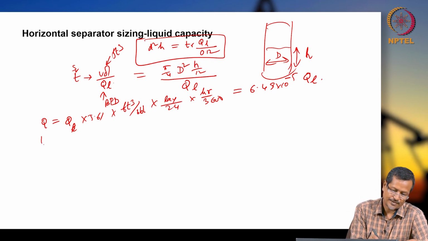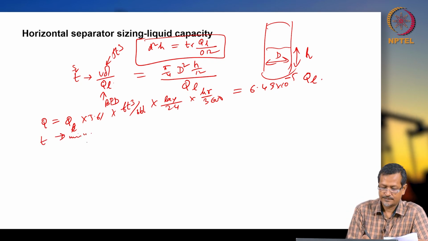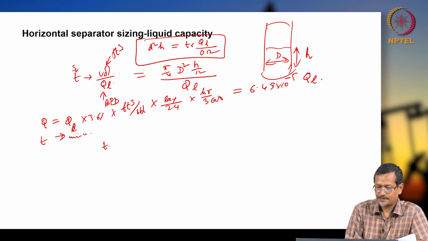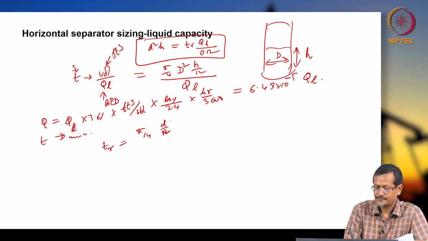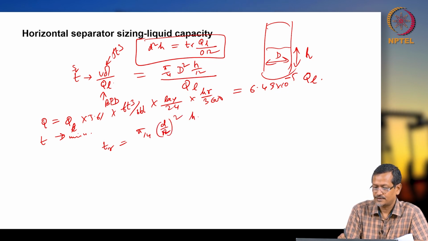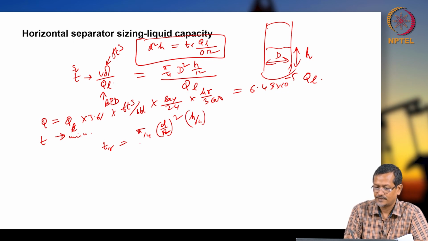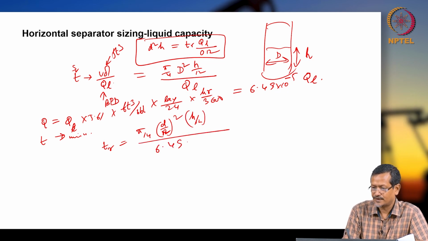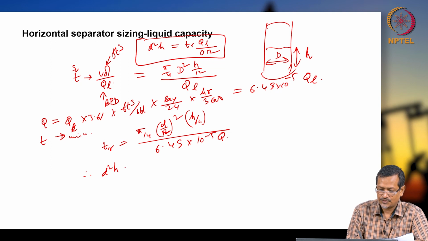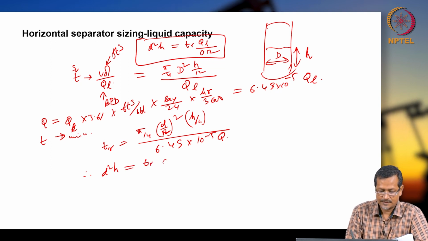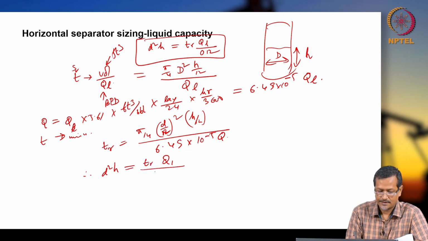Okay. So TR in minutes. So now TR equals pi by 4 D square H by 12, divided by 6.49 into 10 power minus 5 QL. So that will give D square H equals TR QL divided by 0.12.